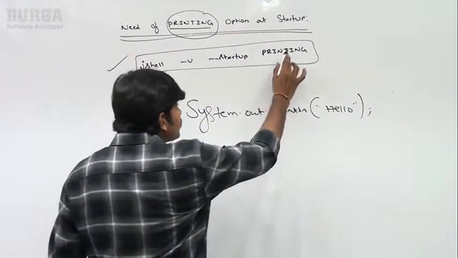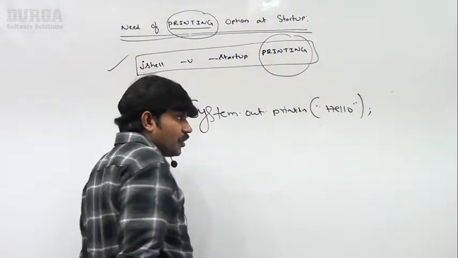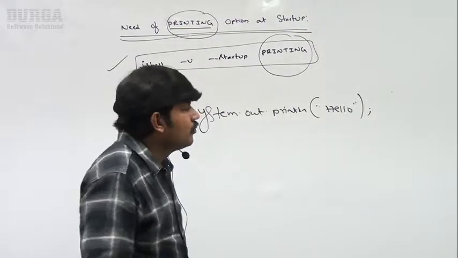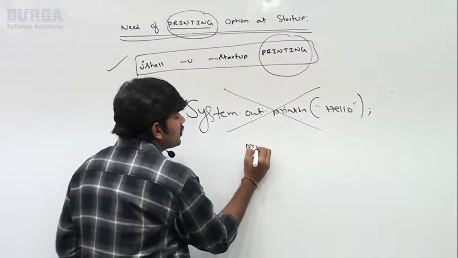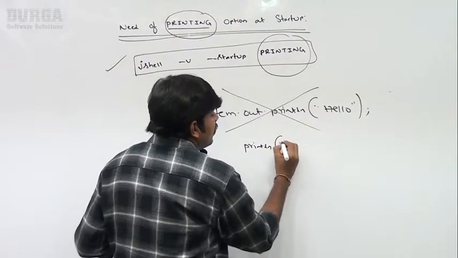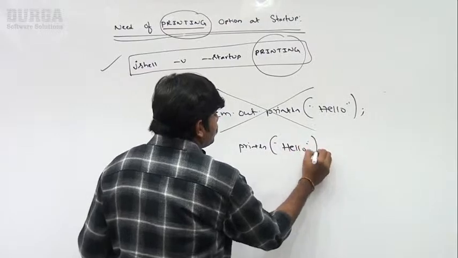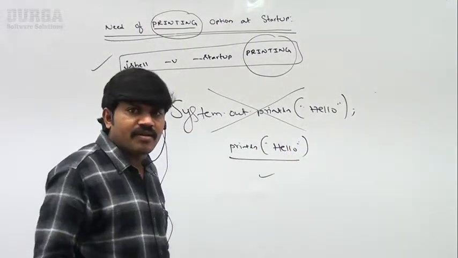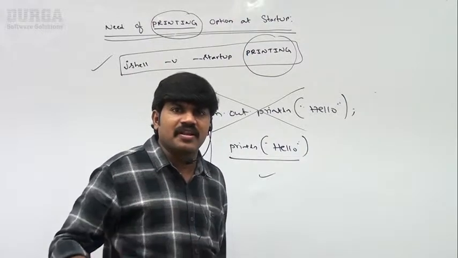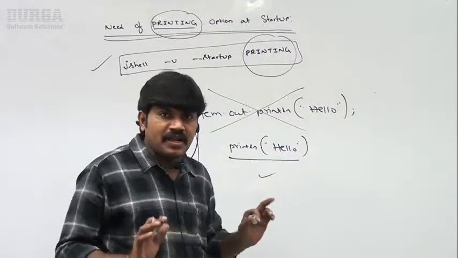If you use the printing option, we are not required to use this many lines. Simply, you can use either print or println of hello. Observe that. Now hello is going to be printed. We are not required to use System.out.println. Simply, we can use println of hello.